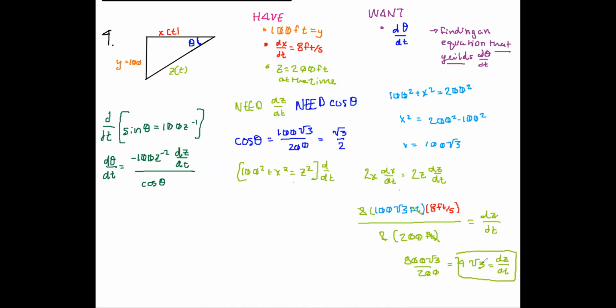So I have dz dt, I have cos theta, and I have z. So I can put stuff into this dark green equation here now. We established what the equation should look like way back there, and then we just had to figure out all the things that were missing.